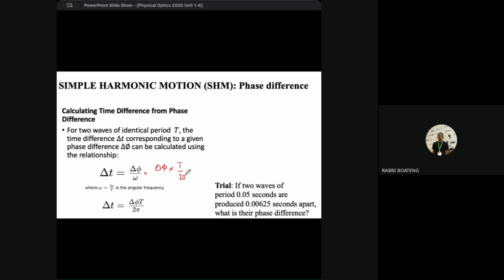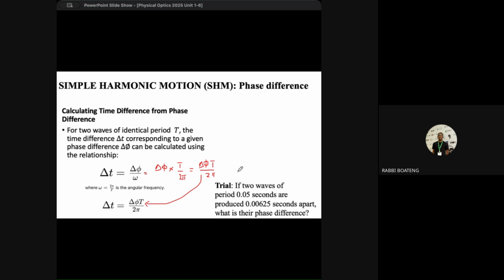This is how it's going to behave. Then at the end of the day, I'll get my change in phase, my period on 2 pi. And that is what I have here, in simple terms. Are we good with this equation, the last one?